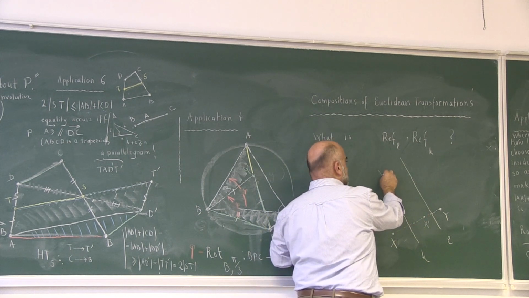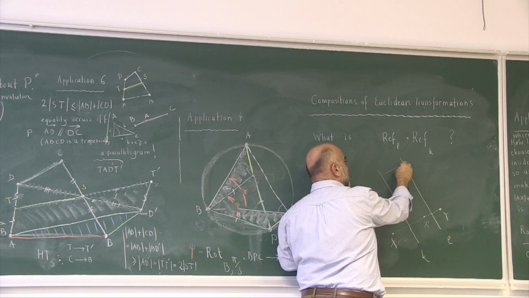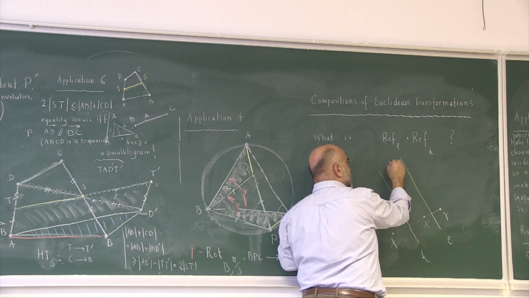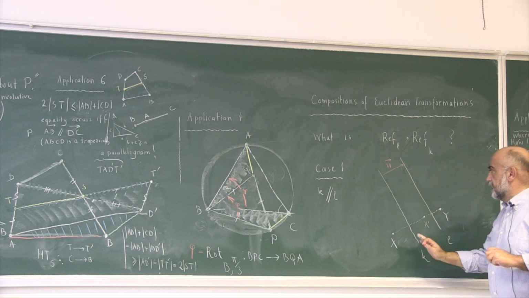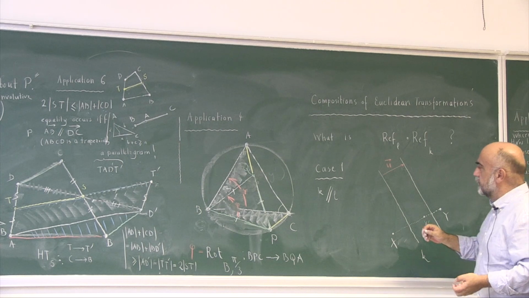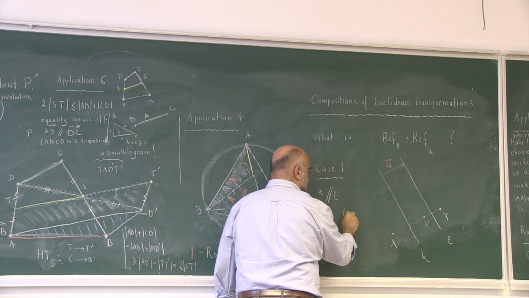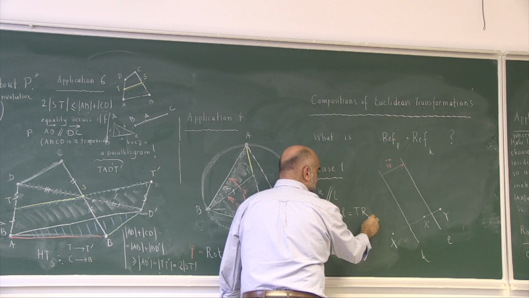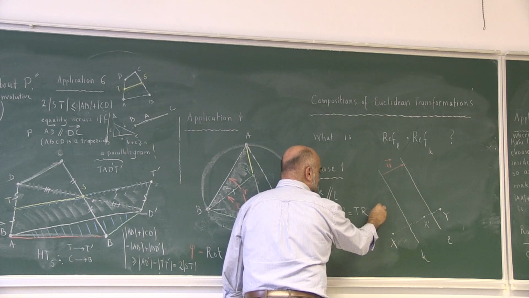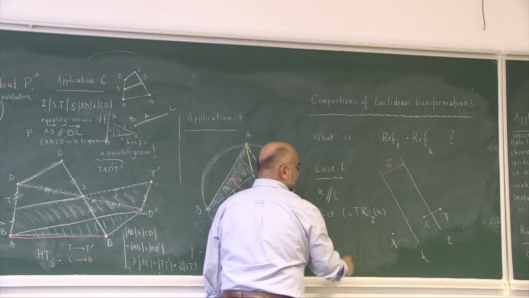So let's say there is a vector that I would like to imagine, perpendicular to both lines, U, and let me assume that the line L is obtained from K by a translation through the vector U. So K moves into L by a translation through vector U.